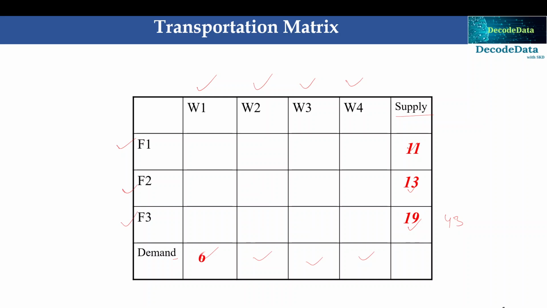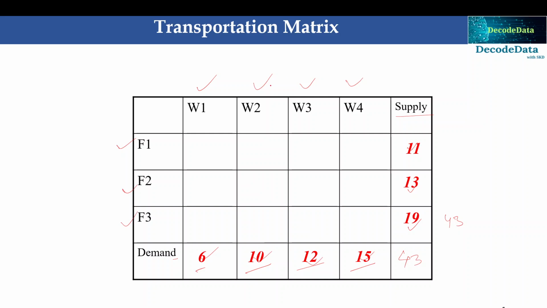Now warehouse 1 will have a demand of 6, depending upon the capacity. Warehouse 2 has a demand of 10, warehouse 3 has a demand of 12, and warehouse 4 has a demand of 50. So 6 plus 10 is 16, plus 12 is 28, plus 43. So the total is 43, and my supply and demand are matching. Whatever I produce, I will deliver to the warehouses because they have the same demand.